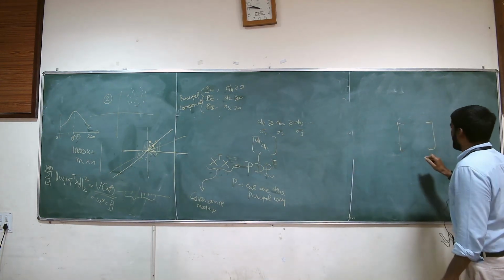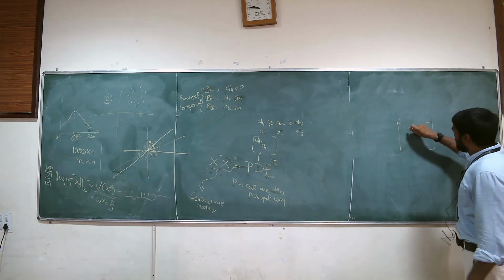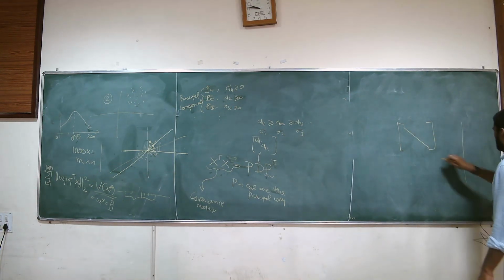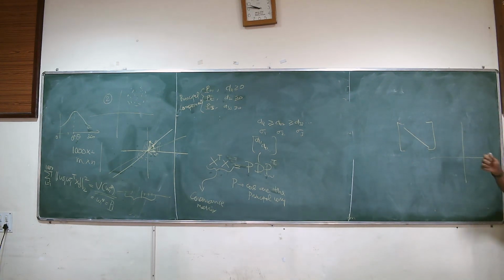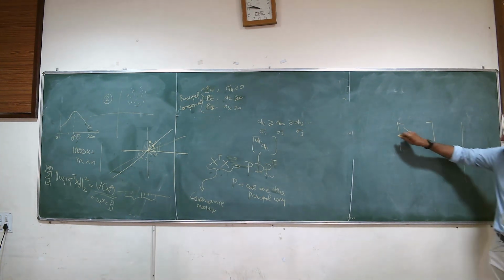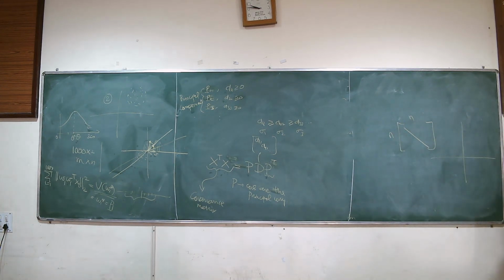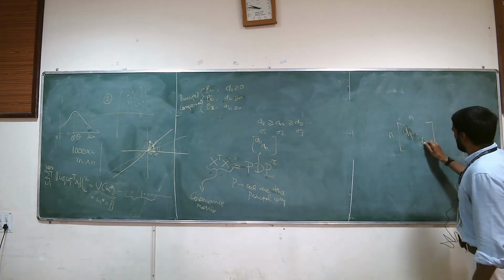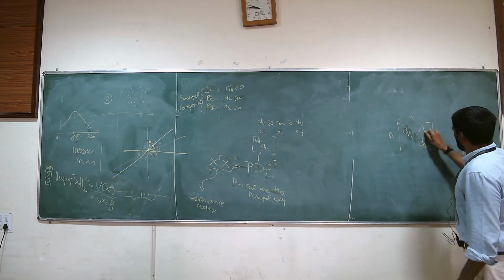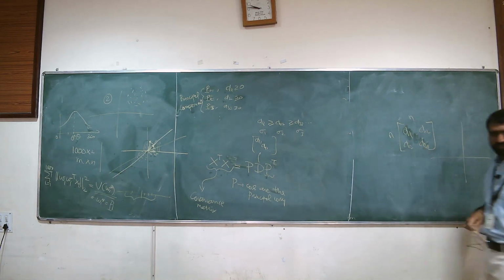A covariance matrix simply tells you how your data is spread in n dimensions, if this is an n cross n matrix. The diagonal elements, which will always be non-negative, tell you, let's say we're talking about a 2 cross 2 matrix, D11, D22, D12, and this will also be D12.